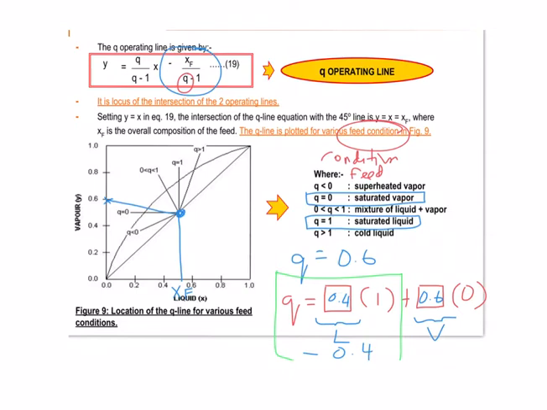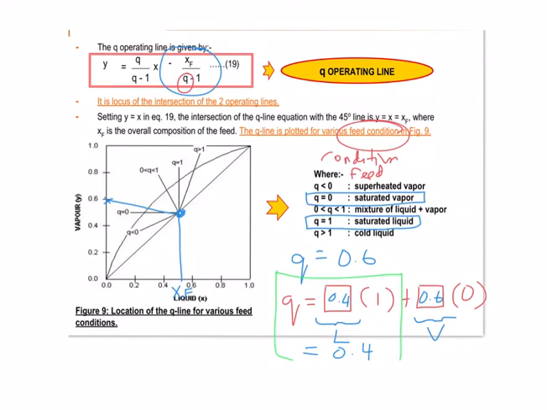So with q equal to 0.4, what should you do? You know that your line will begin at this position, so you just need the intercept of your Q operating line. Let's substitute 0.4 here.